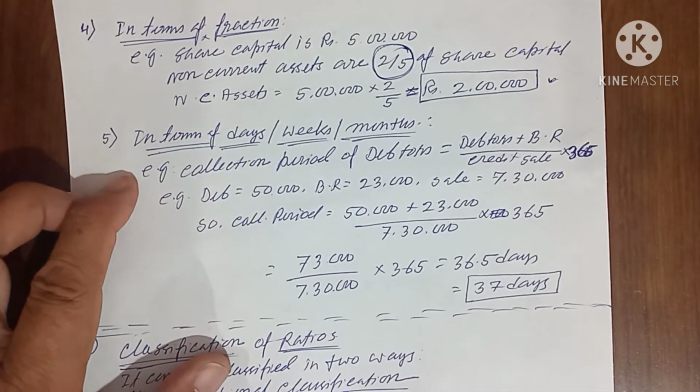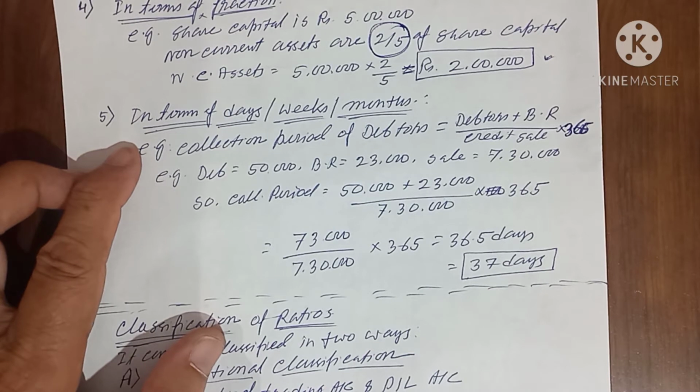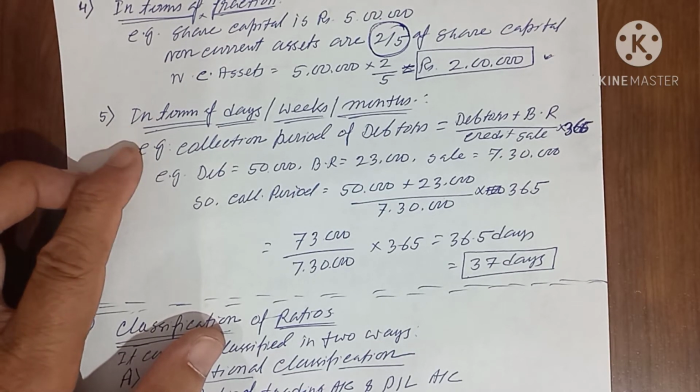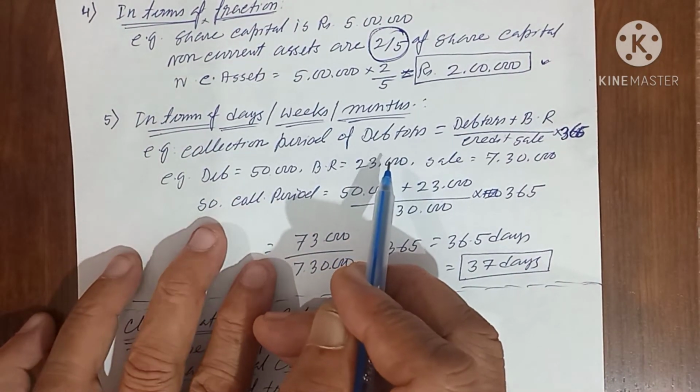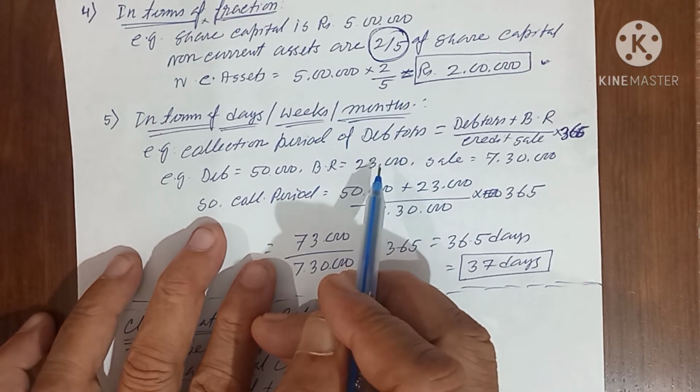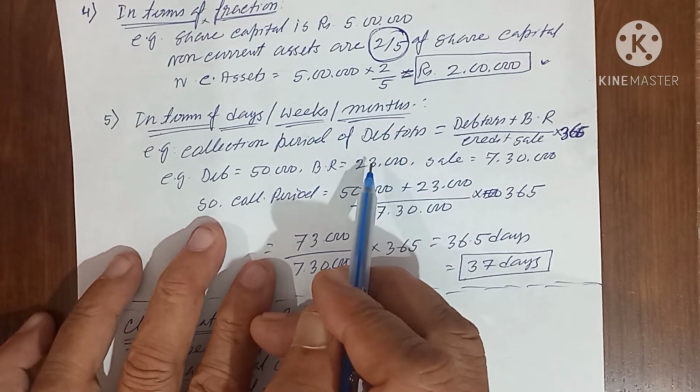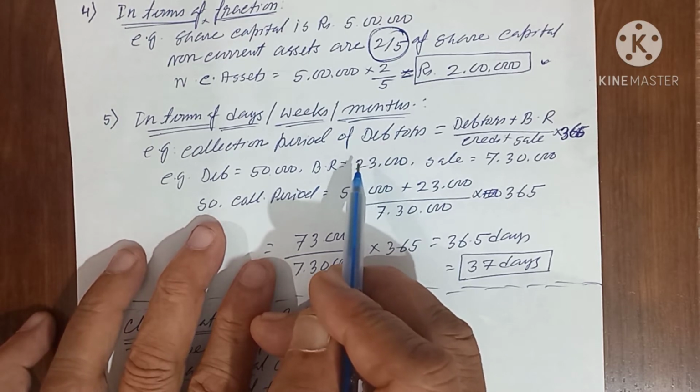And the last one, in terms of days, week or month also. Days, weeks, months, collection period, it will be required. One example I have taken, collection period of the debtors. All of you know, to increase the profit, you have to increase the sale. To increase the sales, you have to sell the goods on credit.